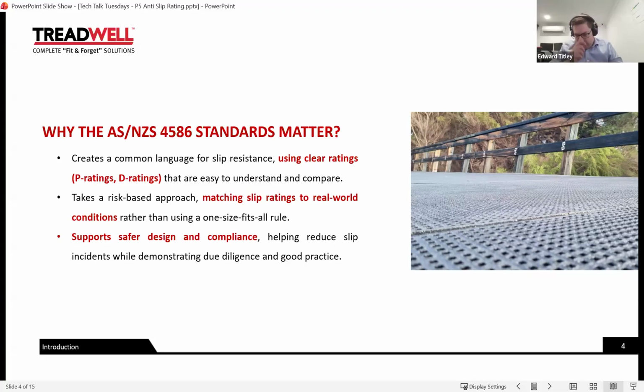So we're more interested in setting performance criteria that are actually relevant for the project at hand. And it's obviously a good risk mitigation strategy to have the right product in the right application. And lastly, it means that we can compare different products, whether it be FRP, whether it be some other sort of flooring material, whatever it is, and ensure that we're using a product that's fit for purpose or going to perform how we actually want it to.